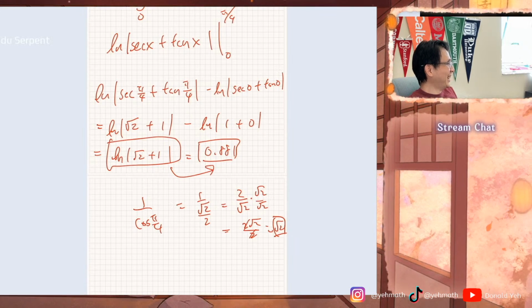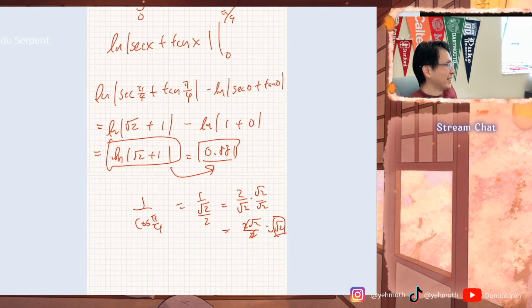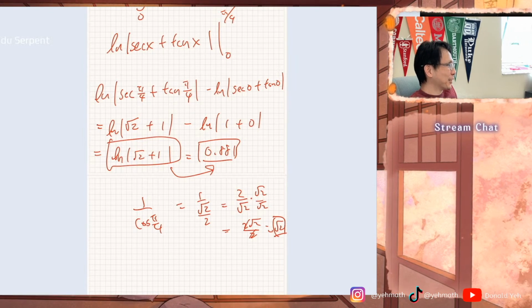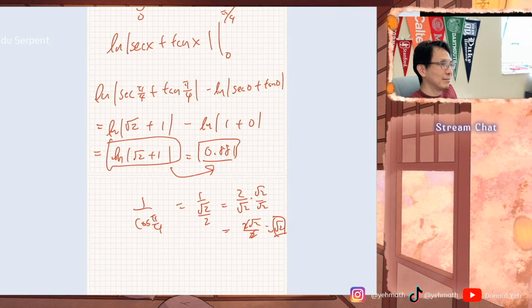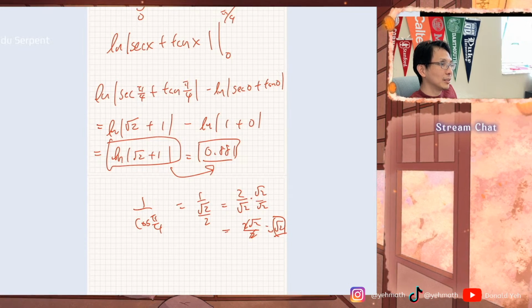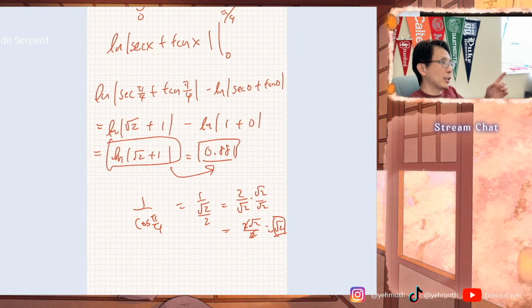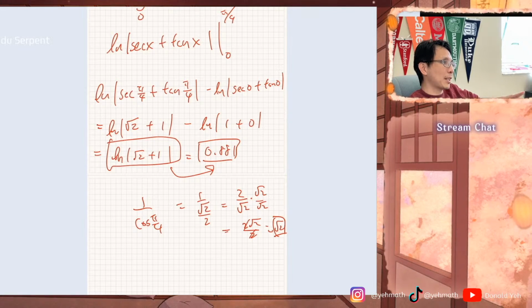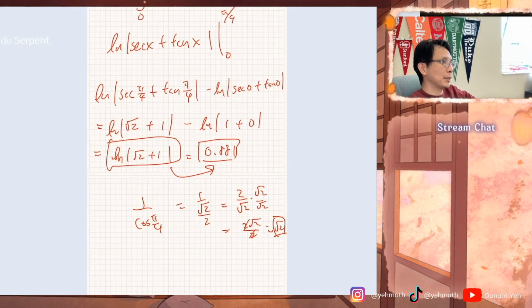Oh my god. Good job, proud of you. That's tangent, though. No, it's cotangent. Tangent is 1 over square root 3. She's right, because cotangent of pi over 3 is the same thing as tangent of pi over 6. Tangent of pi over 6 is square root 3 over 3.